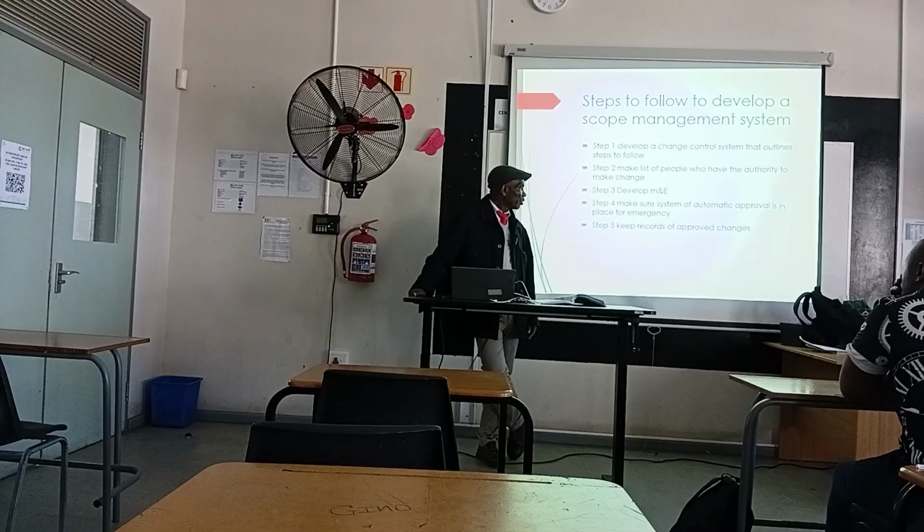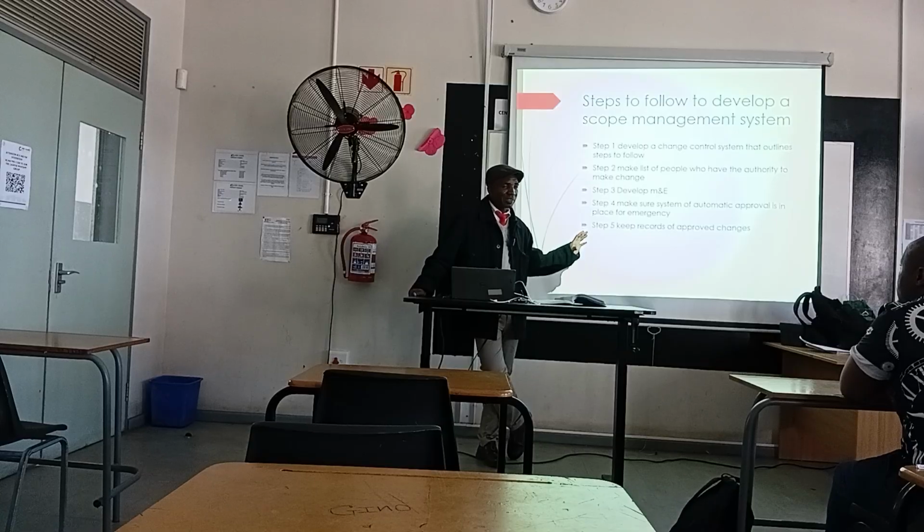Then step five, you keep a record of approved changes, all changes that have been approved. You need to keep a record as well, because at the end of the project you need to reconcile it. Like I said, it is going to have an impact on the final outcomes of the project, even on the cost. It can perhaps impact the schedule, the duration of the project.